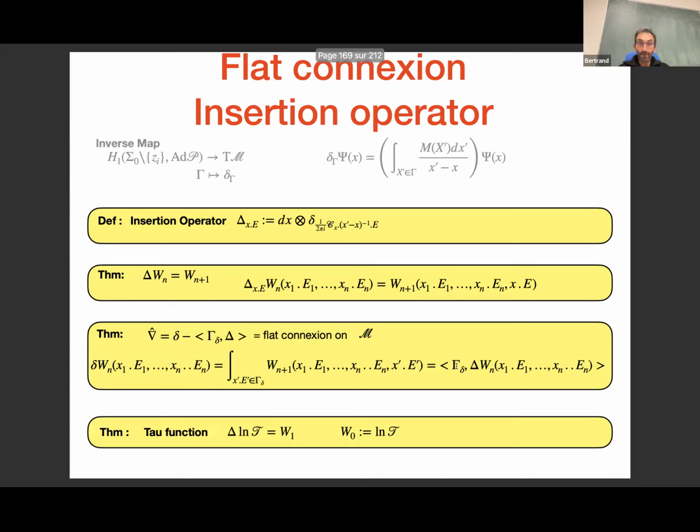It's just the same formula as before. And in terms of the tau function, it just says that the delta operator acting on the tau function gives W1, which justifies that we should call the log tau, we could call it W0, by the way. So it's nothing different from what I wrote before, it's just new notation.